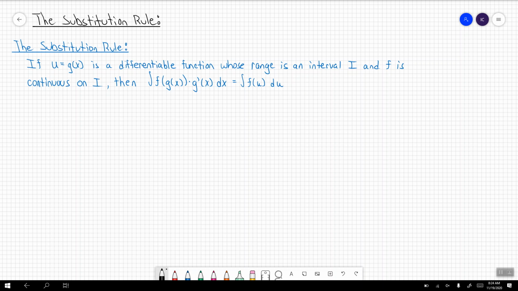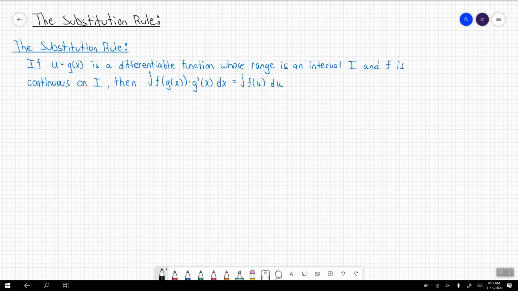Now, this is going to be very important for us because this is going to allow us to evaluate different types of integrals that we might not have previously been able to evaluate with just the power rule that we're accustomed to.